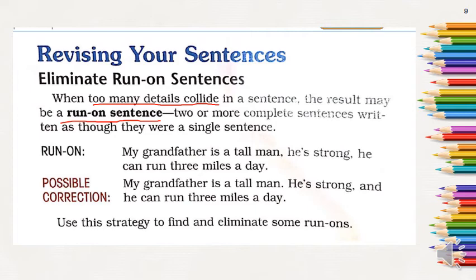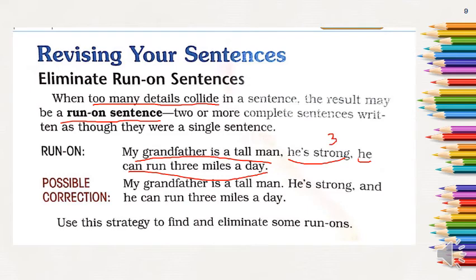A run-on: my grandfather is a tall man. He is strong. He can run through 3 miles a day. See? Here, this is one complete sentence. Should be on its own. Here, another complete sentence, and of course the first one is a complete sentence, so we have 3 complete sentences. This is a run-on.